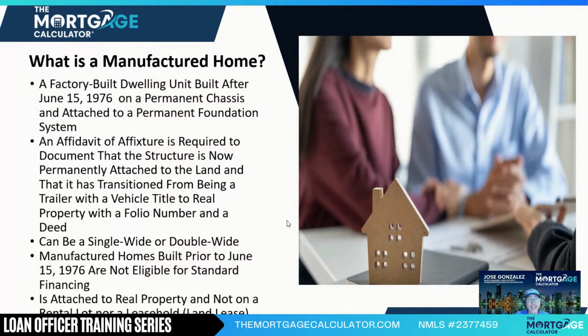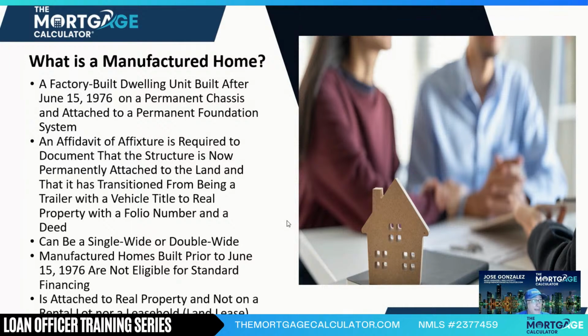The only thing that could disqualify a modular home is if the modular home is too unique, right? If that modular home looks like your regular everyday home, no problem. However, if the modular home is all weird looking, you may have a problem because then it's too unique of a property. So that's the basic stuff.